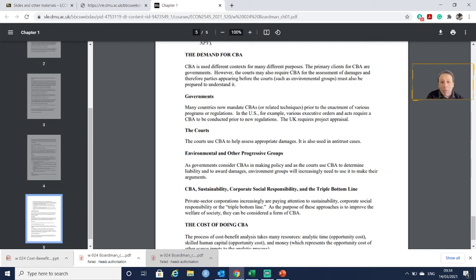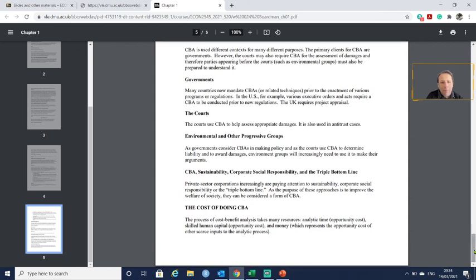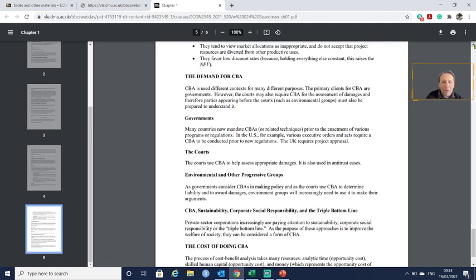The government economic service, for instance, for many posts, prefers people that have some fundamentals in cost benefit analysis. And I think that is pretty much what I wanted to cover with you. We finish with this topic about the demand for the CBA in this lecture.